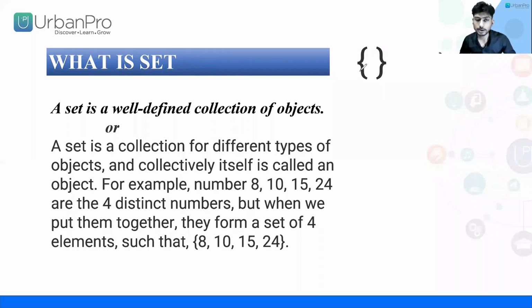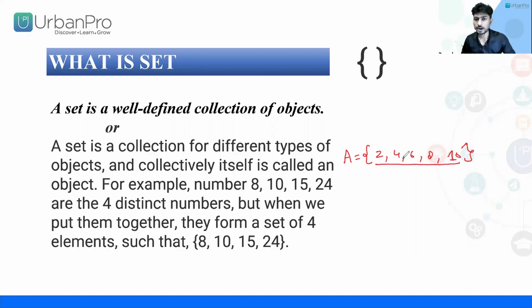You will put an element in a set when you have a certain criteria. Like, we can write all the even numbers in a set. Like I have given set A, and I am putting all the even numbers here: 2, 4, 6, 8, 10. I am taking up to 10.